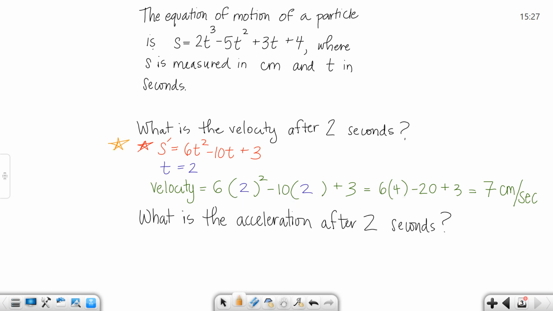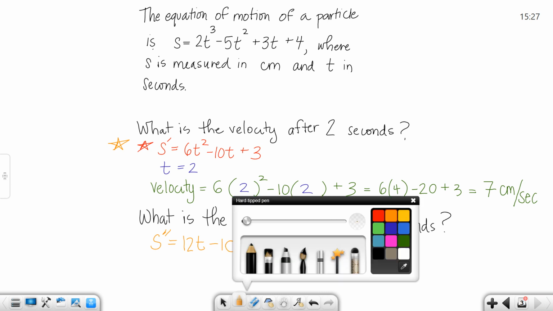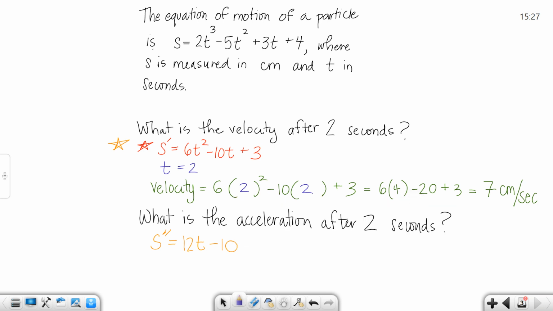So looking back at this orange star here, my second derivative would be 12t minus 10. Take the second derivative. Now again, just like last time, I said what's the acceleration after 2 seconds? So we're going to plug in 2. T equals 2. That's given to you in the problem.